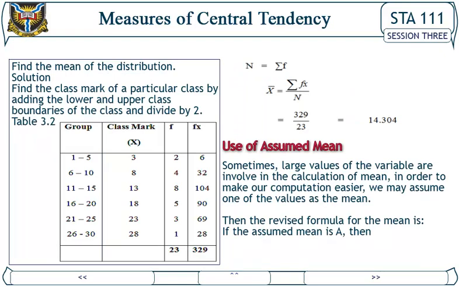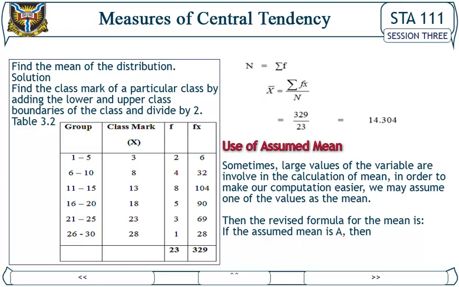Solution. Find the class mark of a particular class by adding the lower and upper class boundaries of the class and dividing by 2. n equals summation f. Mean equals summation fx over n equals 329 over 23 equals 14.304.